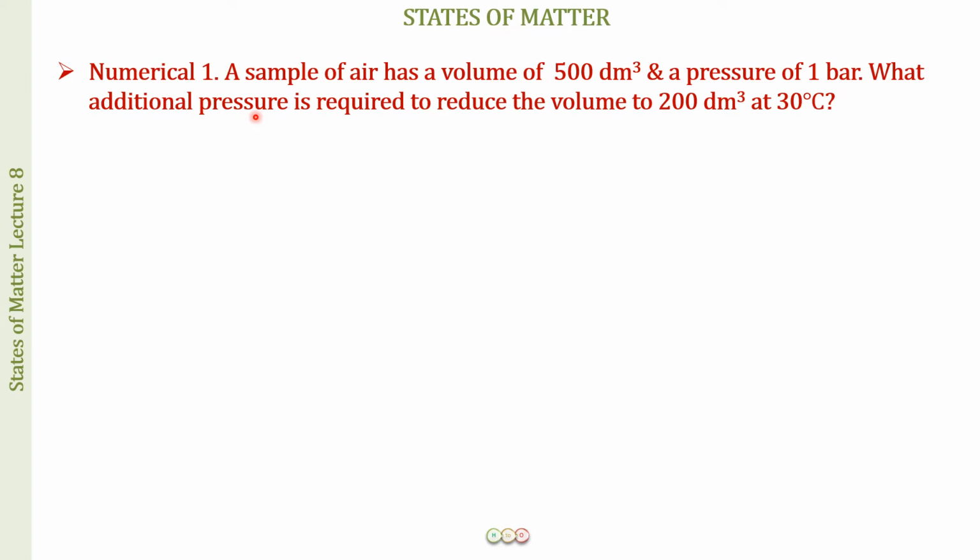What you have to see is whether the other two quantities are fixed. Yes, we have a sample of air, so there is no change in the mass of the air. It is the same mass before and after the change in volume and pressure. Similarly, there is no change in temperature. There is only 30 degrees Celsius mentioned.